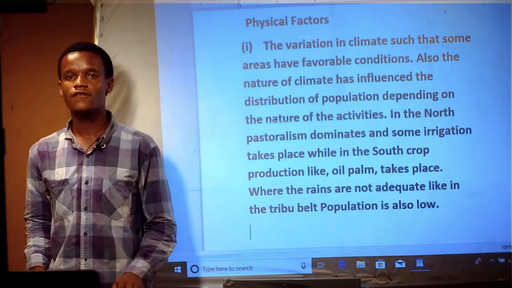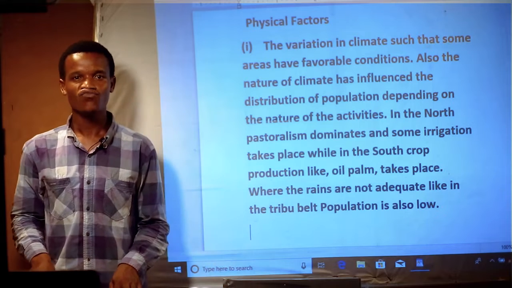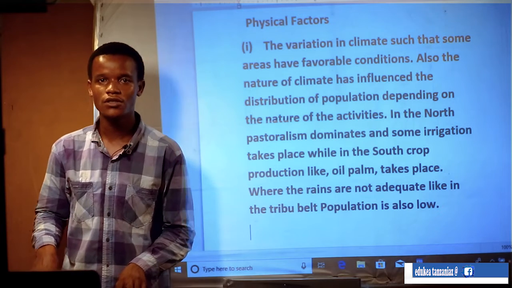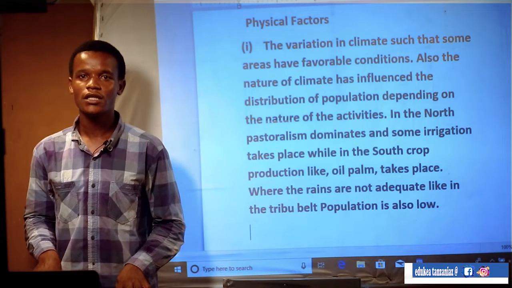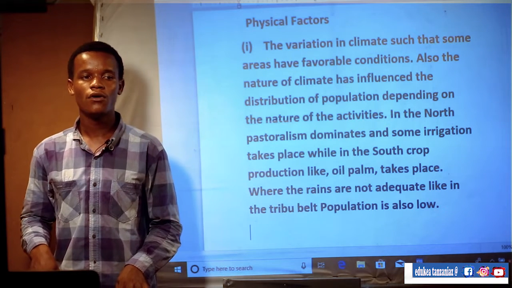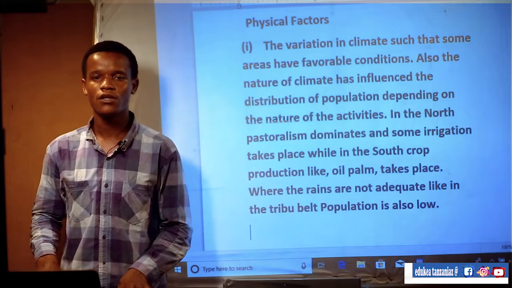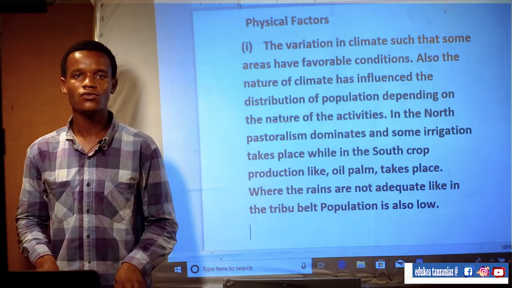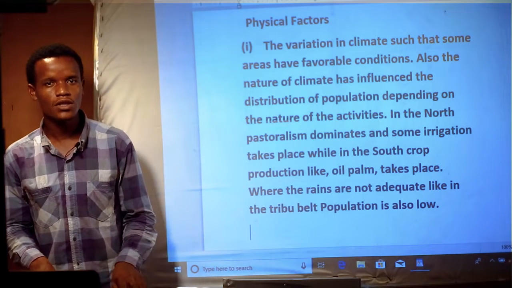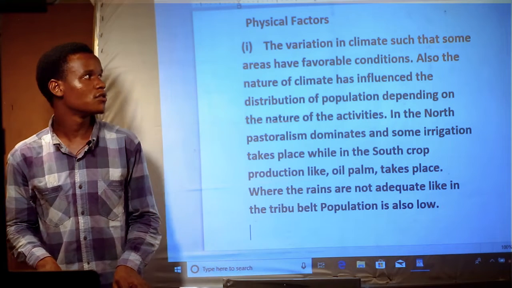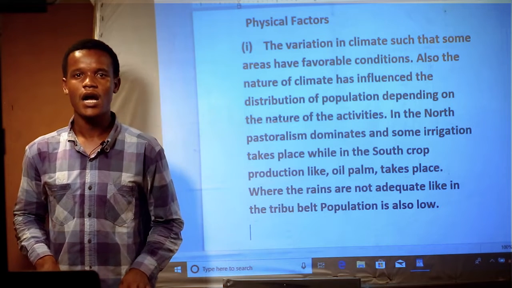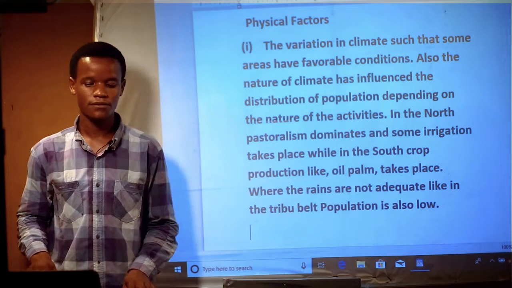The areas that receive heavy rainfall tend to have high population because most people engage in agriculture, while the areas that receive low rainfall, especially the desert areas, people may not like to live there because that area does not support agricultural activities. So due to the little rainfall, that area tends to have low population compared to the area that receives high rainfall.